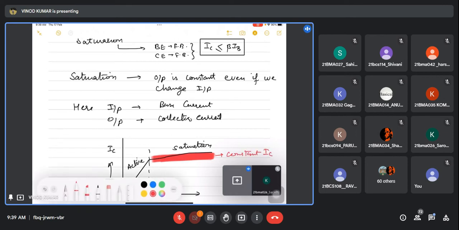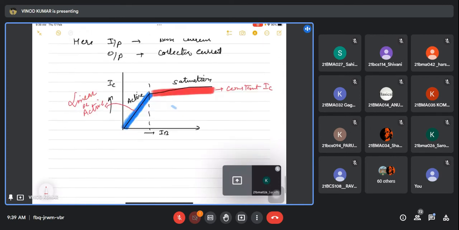But this region, if we talk about, that is varying linearly. That's why the active region is also called the linear region or active. Okay, so IC is varying linearly, and you can say this slope is beta because beta is nothing but IC by IB.